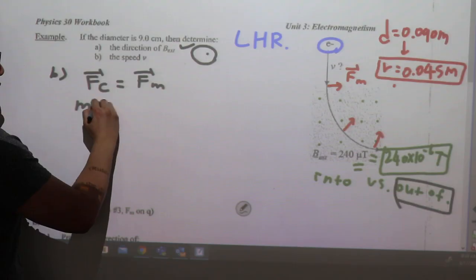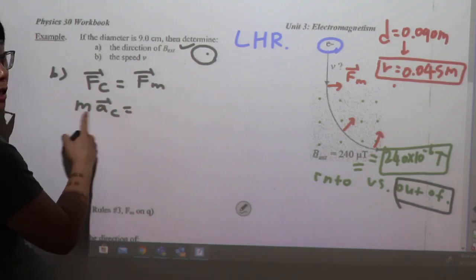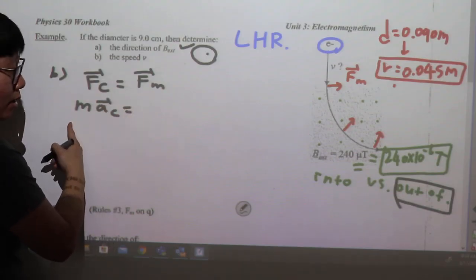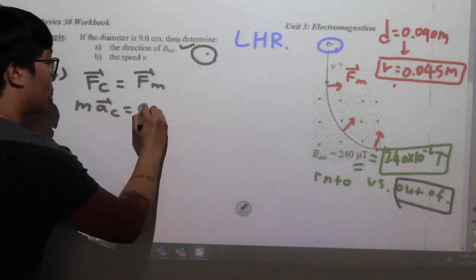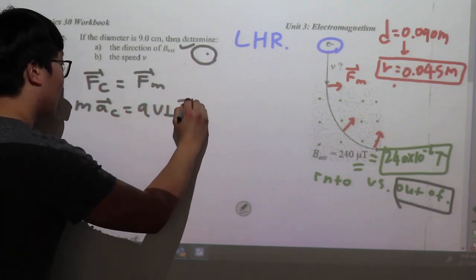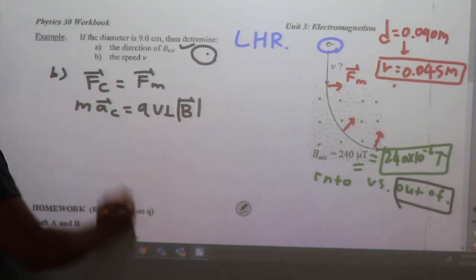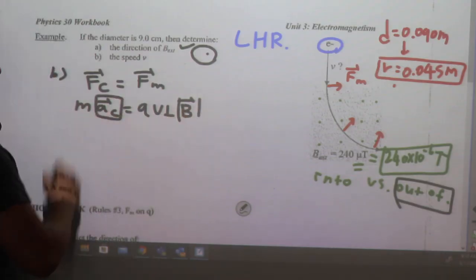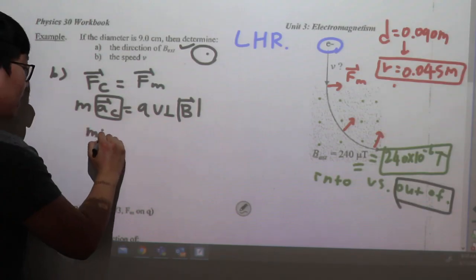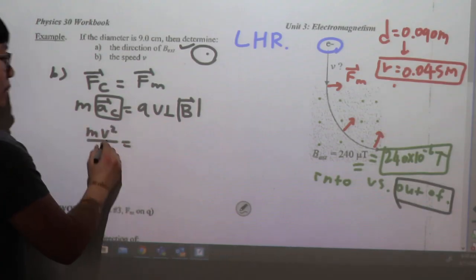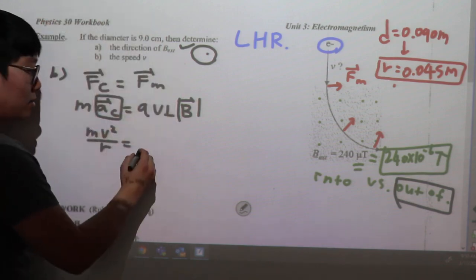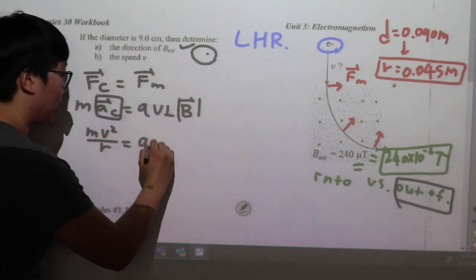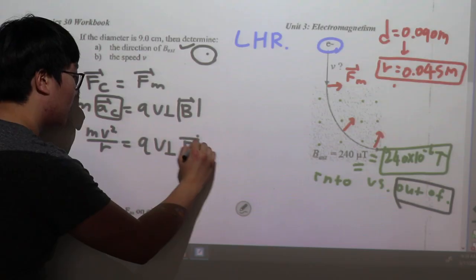Now, let's put some numbers in. This is technically ma. In case you don't know where the mv squared over r comes from, it's mass times acceleration, except it's centripetal, equals qvB. For acceleration, you can find the formula is v squared over r. This is why, on a previous page, mv squared over r came out, and qvB.